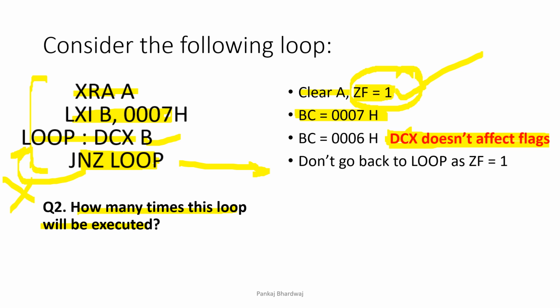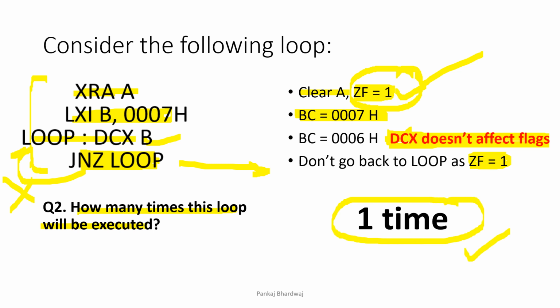It will terminate here, because ZF equals 1. ZF is the zero flag, and it is already 1. So it does not go back to the loop, because jump on non-zero goes back only when ZF equals 0. Otherwise it simply does not do anything. So after the execution, we find that the loop will execute only one time. Clear?